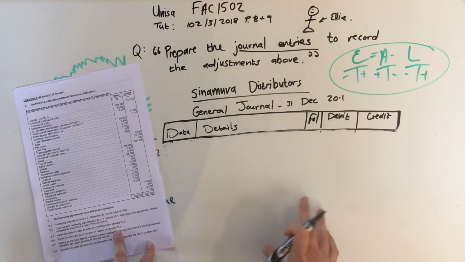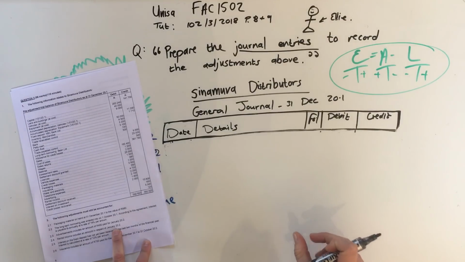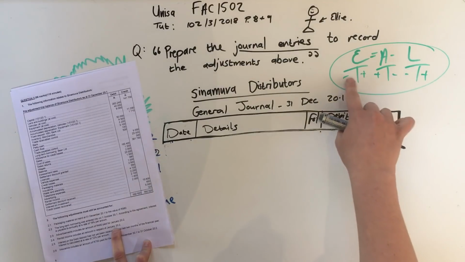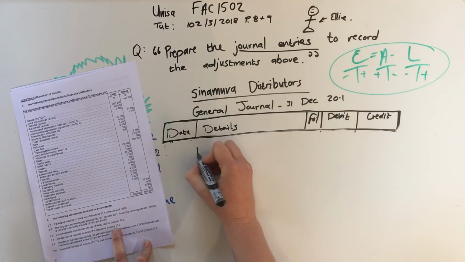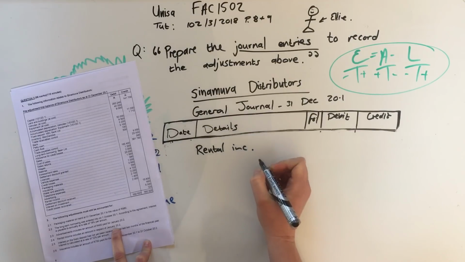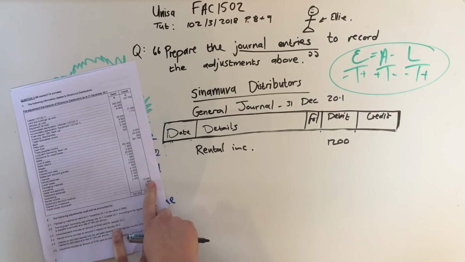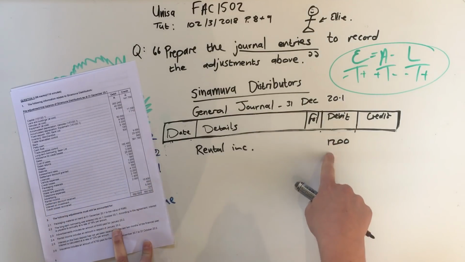Wow, I'm getting confused, guys. 2.4 says rental income includes an amount in respect of January. So in January, there was rental income received for January. It's received in this year. It's meant for January. So rental income, which is over there on the side, must be less. And that amount is 1,200. It's just the rental income they give us of 15,600 divided by 13.